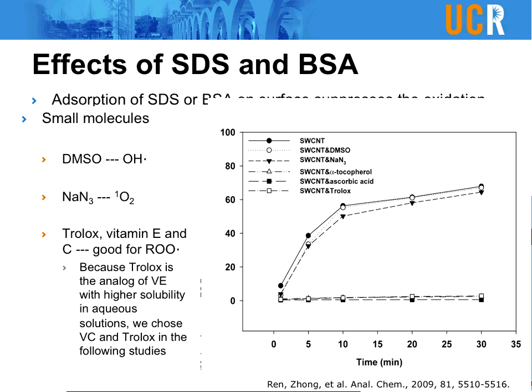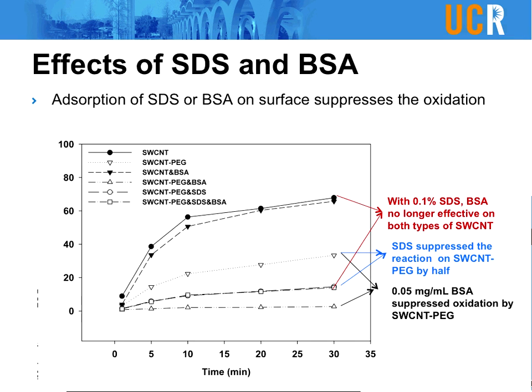We also tried different surface coatings, because all these three types of carbon nanotubes have one difference, which is their surface property. The pristine carbon nanotube has no modification on the surface, and carboxylated carries carboxyl groups on the surface after oxidation in acid solution, and the weight percentage of those groups is 3 to 5%.